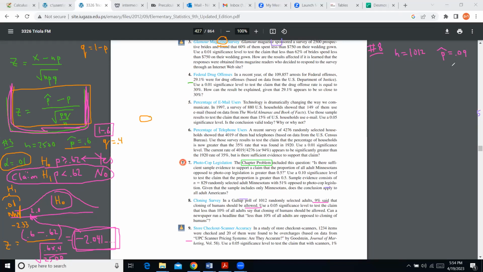We also have this 5% significance level to test the claim. The key part is the claim that less than 10% of people really support the idea of cloning. When people say, oh, I don't support, I support. Well, again, for us, we don't want to do anything but use statistics in order to answer this question.